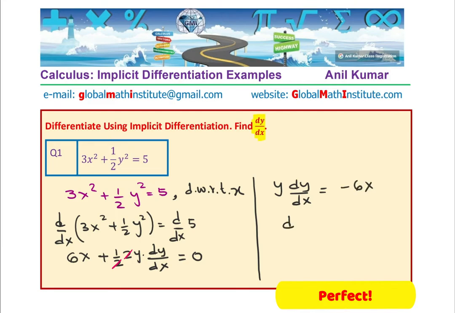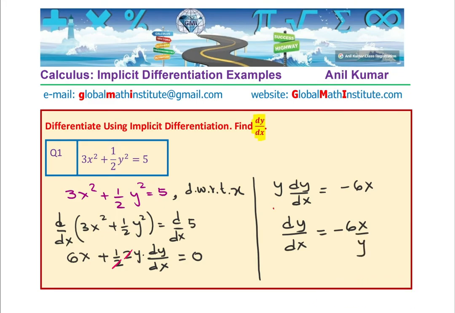So we get dy/dx as minus 6x over y. So do you see how we could find the derivative dy/dx without isolating y at all? This is what we call implicit differentiation. Is this process clear to you? Perfect. Simple question to begin with, and I hope you understand the concepts.